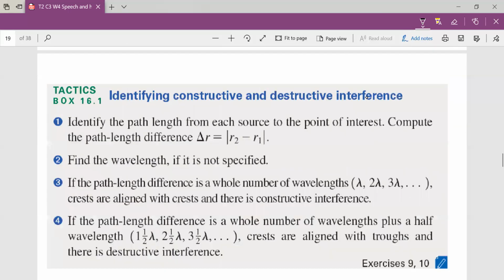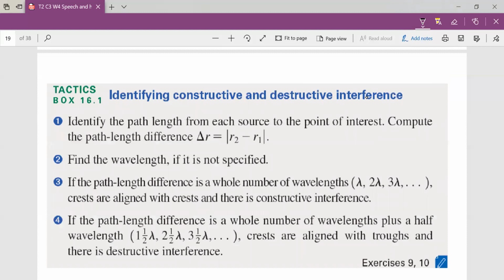Typically, what you should keep in mind is what we have captured in Tactics 16.1. To identify the path difference from each source, we compute the path difference and we take the magnitude. Magnitude is telling you that the signs will not matter. We're actually going to be focusing on the value.